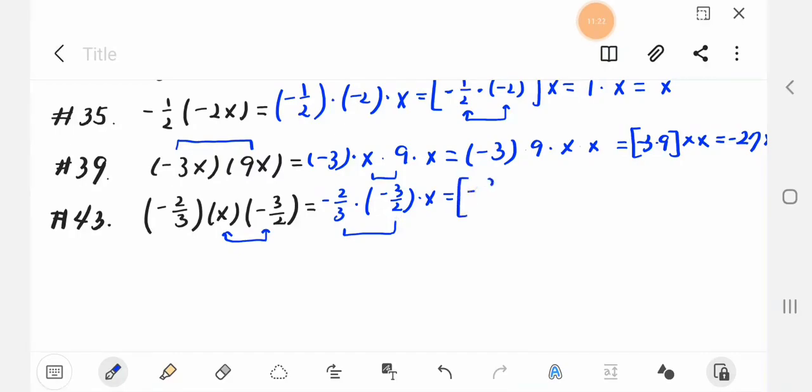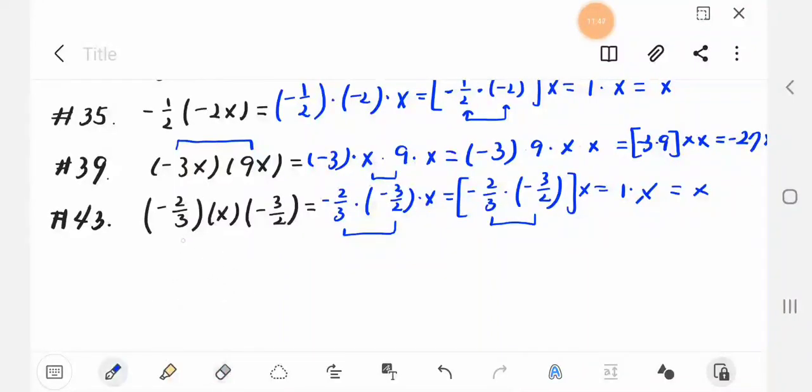Then 1 times x is equal to x. Can you see it? In this case, can we use mental math?